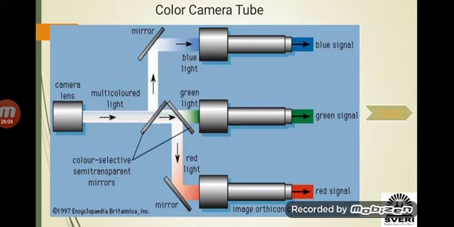That is the reason we go for decomposition of whatever light signal we receive. No matter which color it is, we ensure that every color is made up of three primary colors, that is R, G and B: red, green and blue.